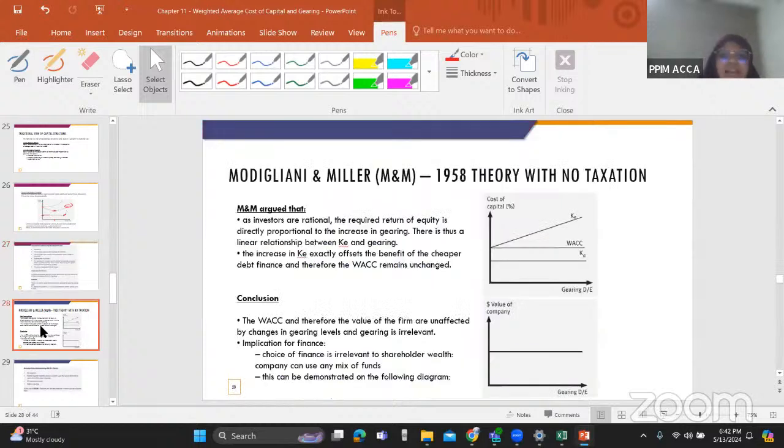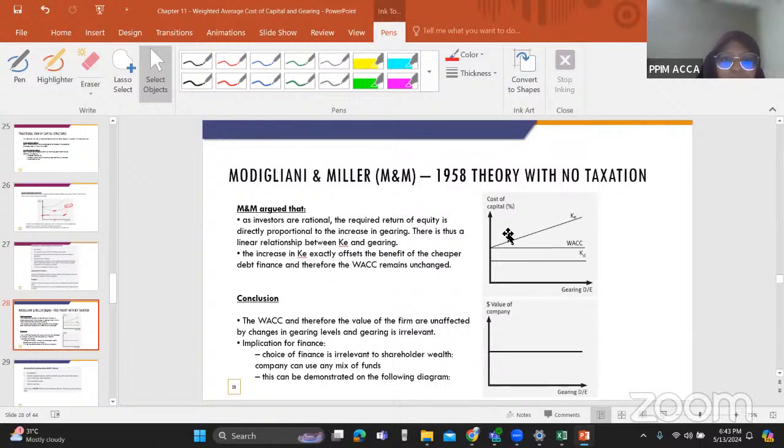Then we have another theory called the Modigliani and Miller theory. They came up with two theories, one without taxation and one with taxation. Without taxation, they are saying the cost of debt will remain the same; it's not going to increase. But when the gearing keeps on increasing, the equity investors are also rational people.